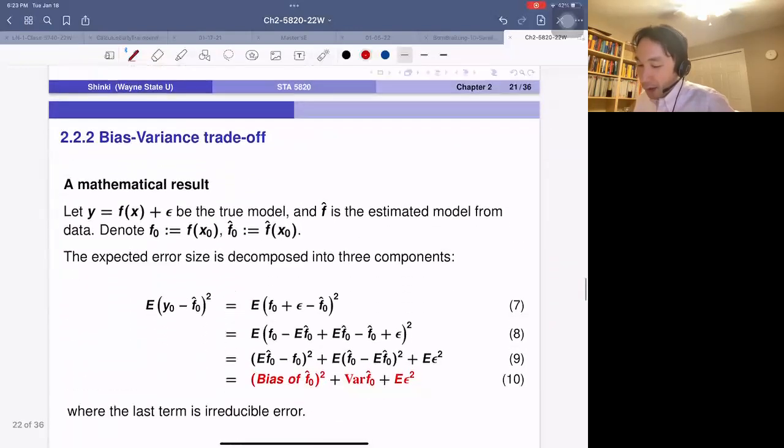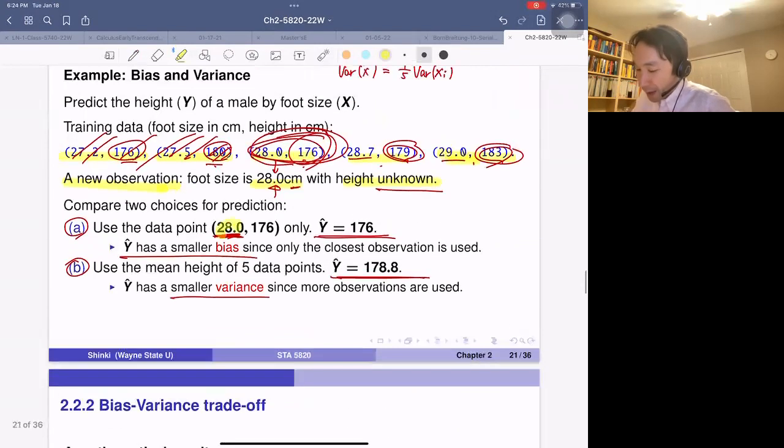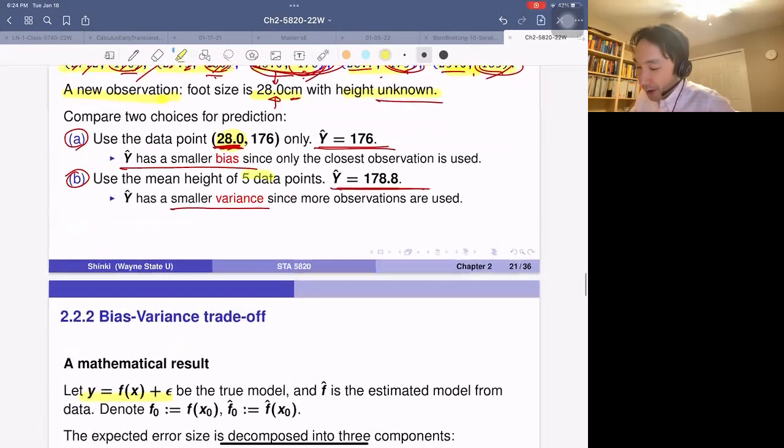And then we can show mathematically that bias and variance have a trade-off. Suppose that our model is y equals f of x plus epsilon, and f hat is estimated by some model. f hat may be picking up the closest person, and another f hat is taking the average of the 5 closest observations.